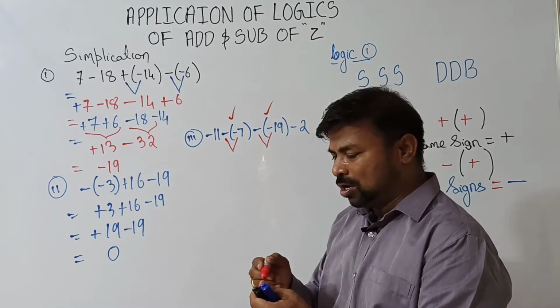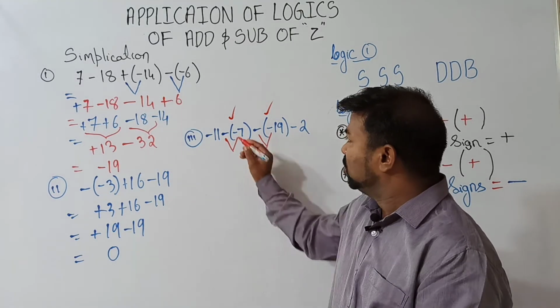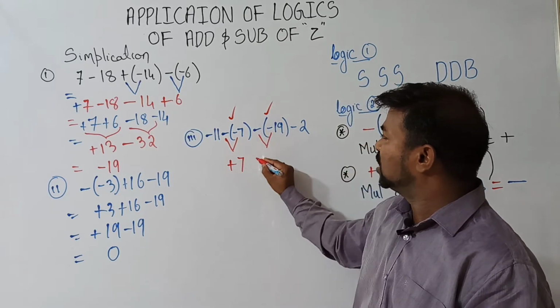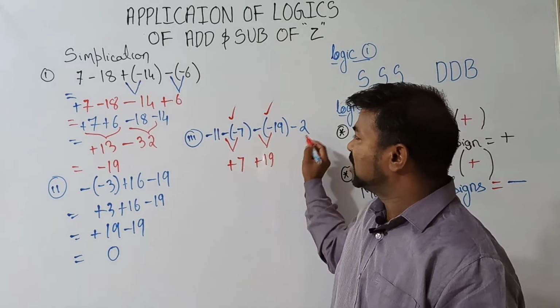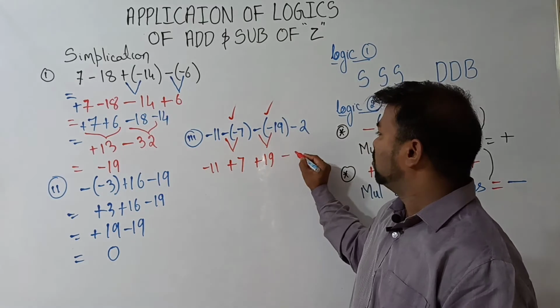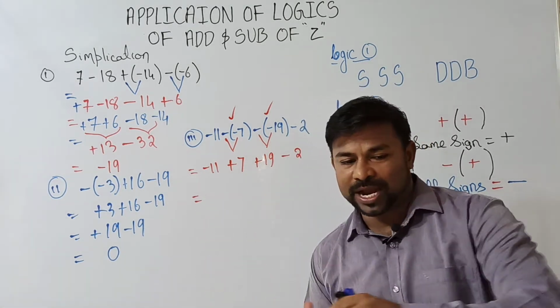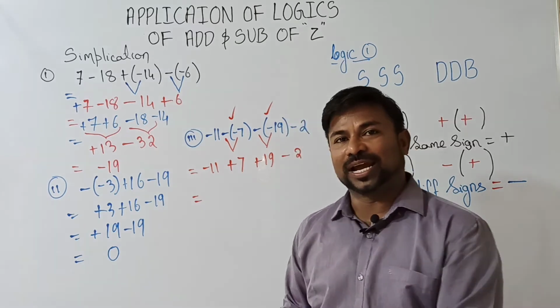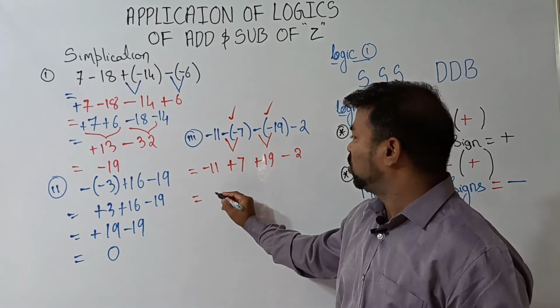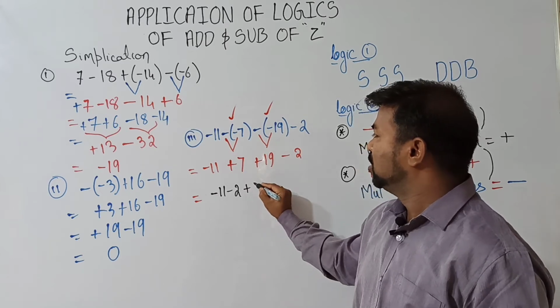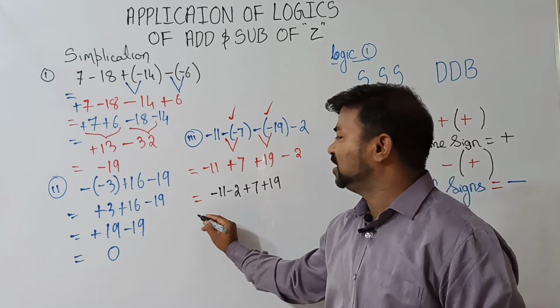So the remaining, we pull down in the same way, and we do minus into minus, plus 7, here minus into minus, plus 19. The other numbers, minus 11 and minus 2. Now what we are doing is, all the minus to one side, plus to one side. So minus 11, minus 2, and here plus 7 and plus 19.